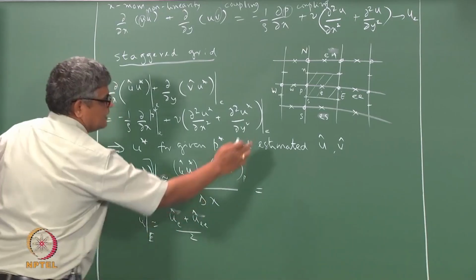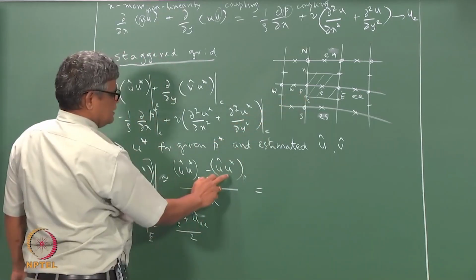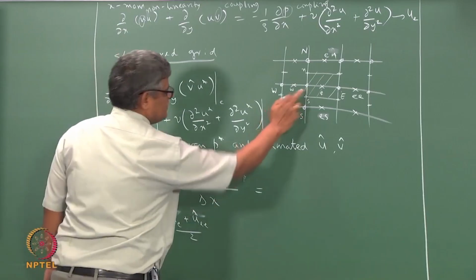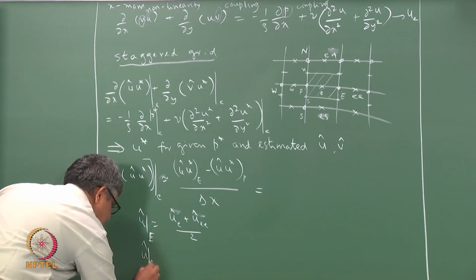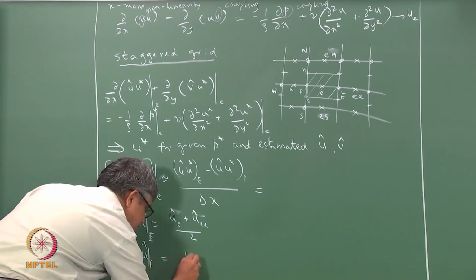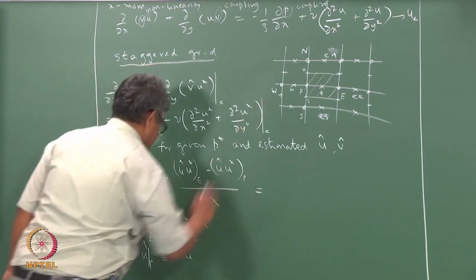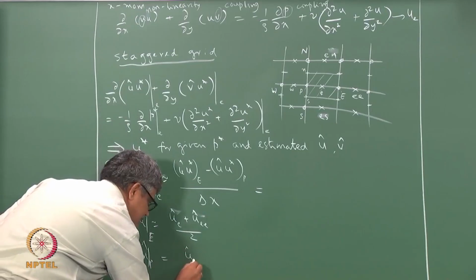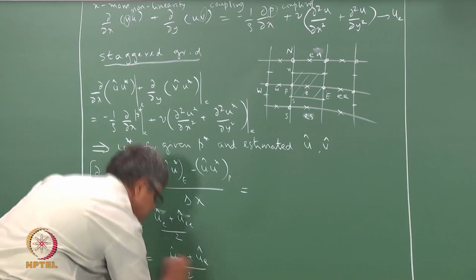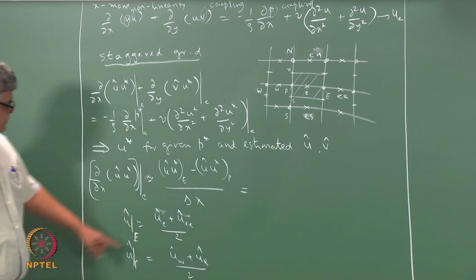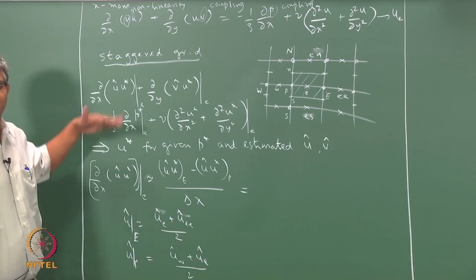And similarly we have u hat at capital P, which is coming here. So we can write u hat at capital P as u hat W plus u hat E by 2. So all the hat ones are from the previous iteration.